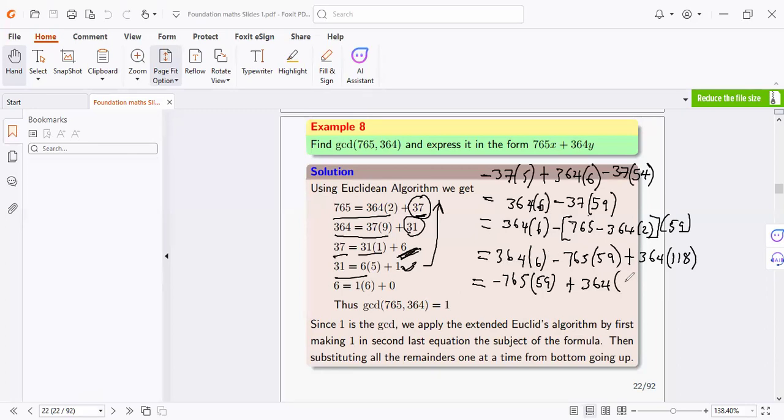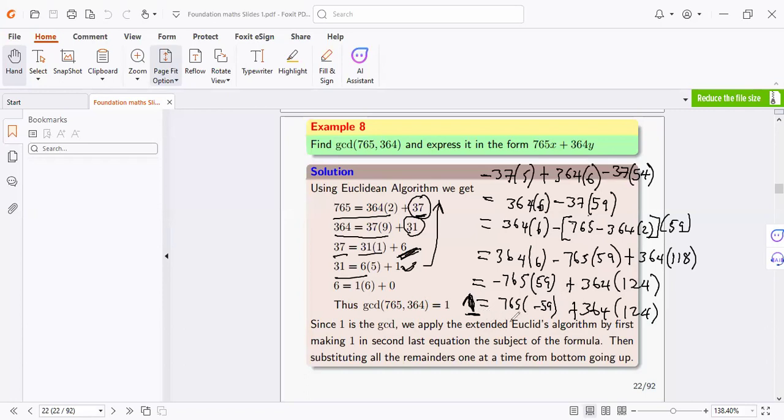And so this one you add, you get 124. Now we can rewrite this one as 765 multiplied by negative 59 plus 364 multiplied by 124. And we say this is equal to 1, because 1 was our GCD.